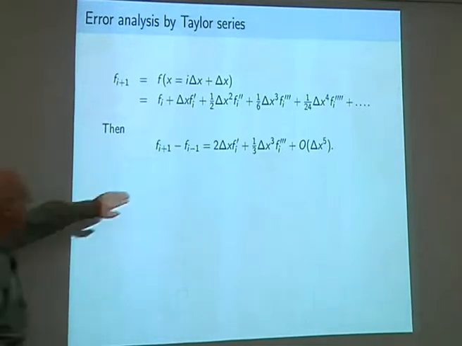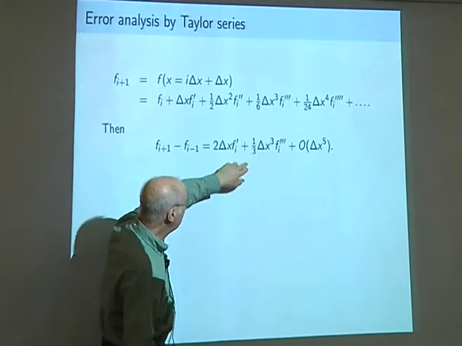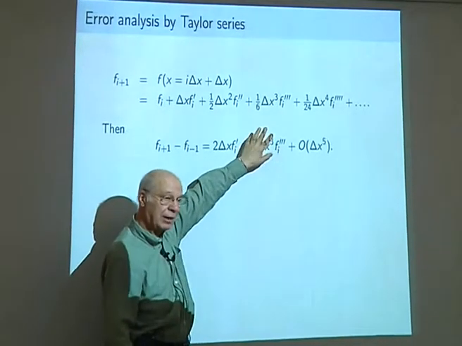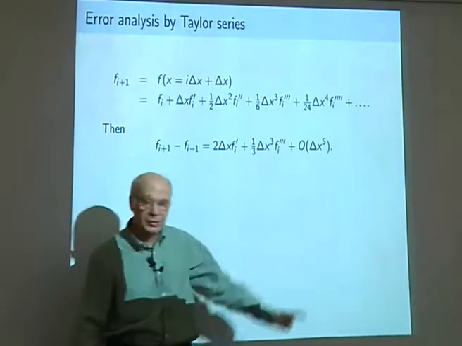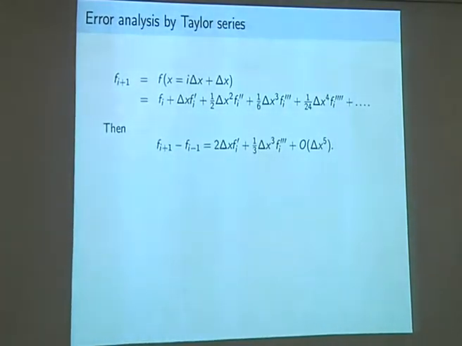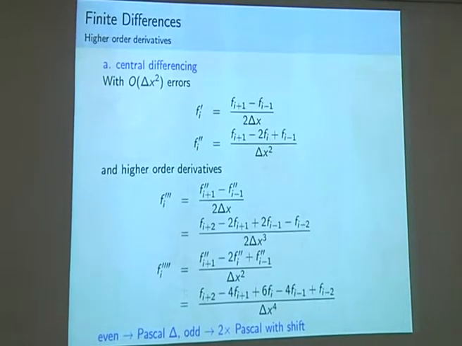So dividing by 2 delta x, we would have the first derivative, and then there'll be a delta x squared error. And we have an exact expression. It's a third of the third derivative. And just a minute ago, I told you what the third derivative was. Here's the third derivative.